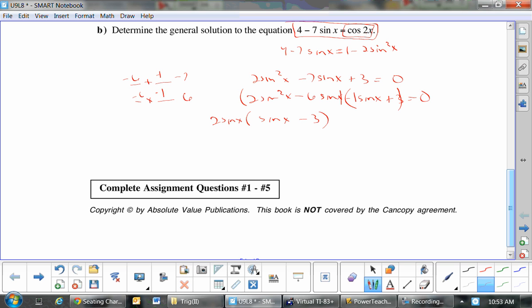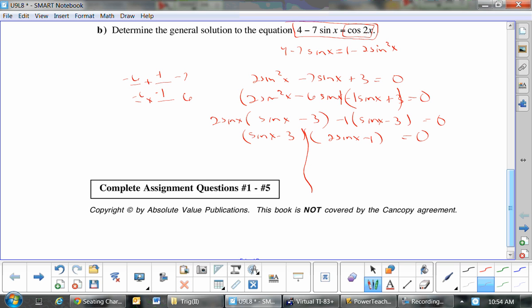I'll take out a -1. That'll leave me with sine x minus 3 equals 0. Okay, so that's sine x minus 3 times 2 sine x minus 1 equals 0.